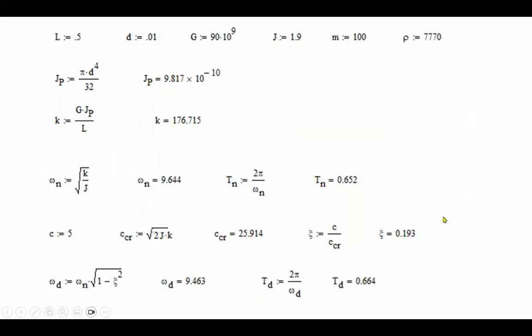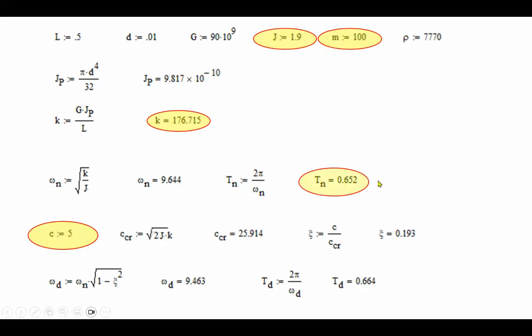And what you see here is a MathCAD worksheet. So for the data that I showed you a minute ago, these numbers that I gave you are calculated based on this data sheet. So these things, which were shown in the previous slide, are coming from a calculation from a straightforward vibration set of formulas.